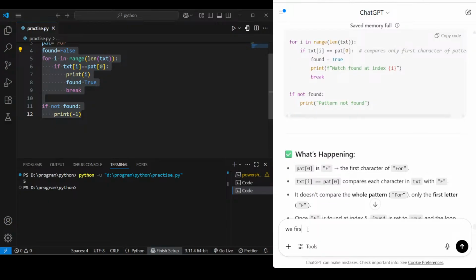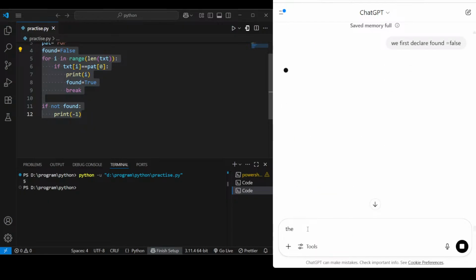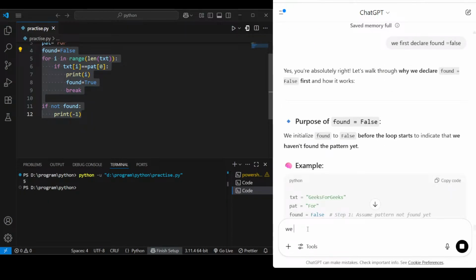We first declare found equal to false. Then if not found means this found is compared with the first one.